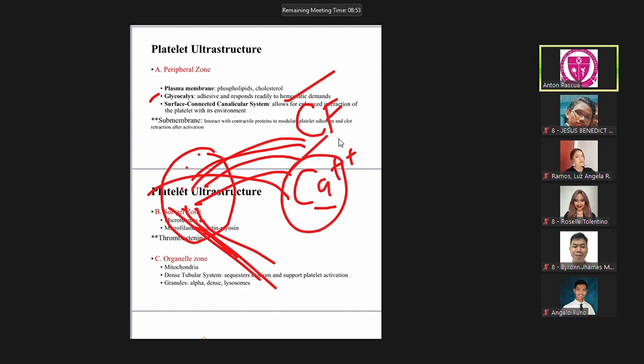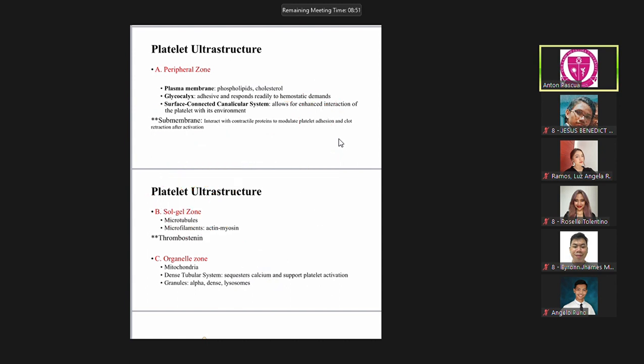Okay? And through this glycocalyx, because of its content, this also serves as the site for your platelets' antigenic activities. Because of that glycocalyx, glycoprotein, di ba? Parang RBC natin. Yung RBC natin has antigenic sites, right? Kaya ka blood type A kasi meron kang A antigen on your red cell, tama? So in this case, your platelets also do possess that through its glycocalyx.